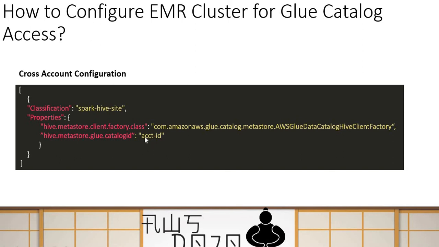So in this case, your Glue Catalog is in this account, and from a different account you're trying to access this Glue Catalog. Since you're going for cross-account configuration, you have to also provide your catalog ID, which is equal to your account ID where your Glue Catalog is set up. Okay, so this is how you configure your factory class.